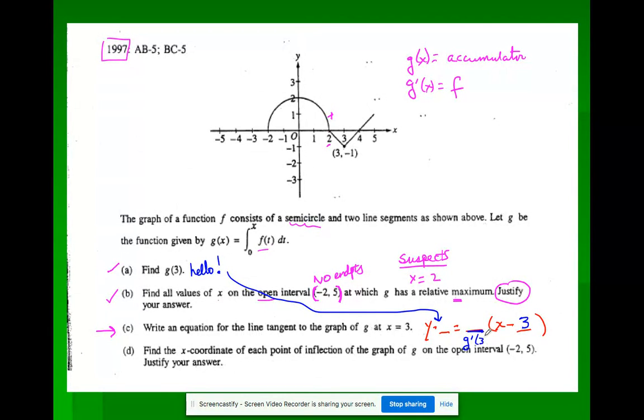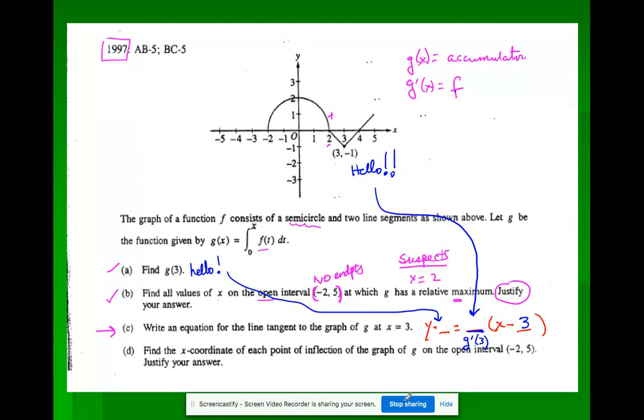But what is g prime equal to? F. Oh, look at the graph. G, the one point they labeled, was when x is equal to 3. Kind of cool, right?